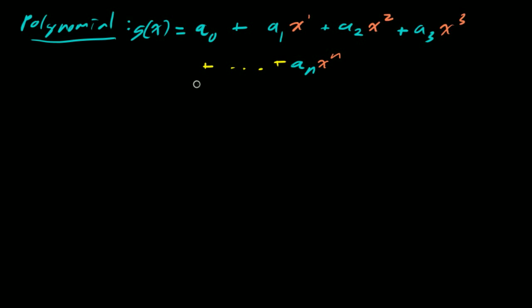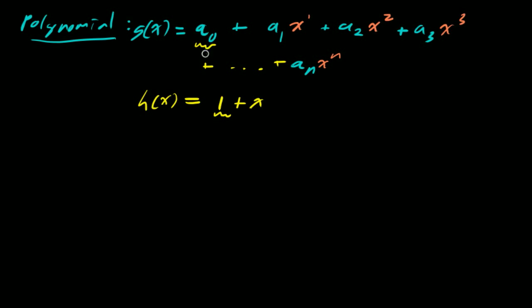So an example of a polynomial could just be a linear function. Let me actually say h of x is equal to 1 plus x, and just reverse that order. So in this example, 1 right here, that's this a0 term.